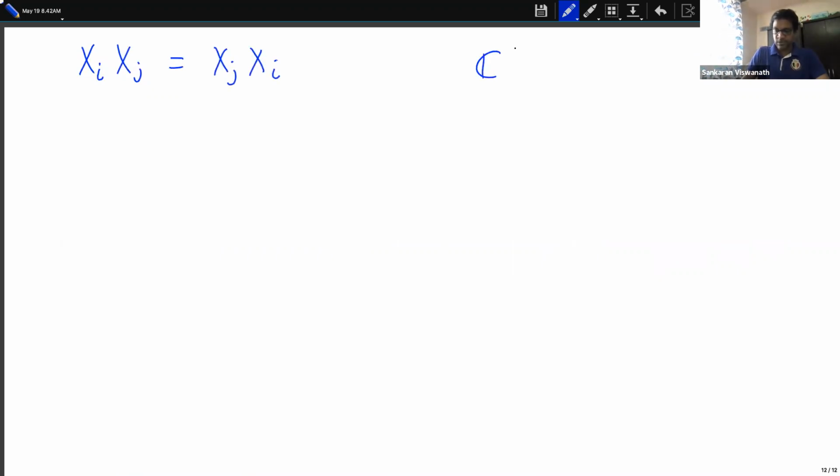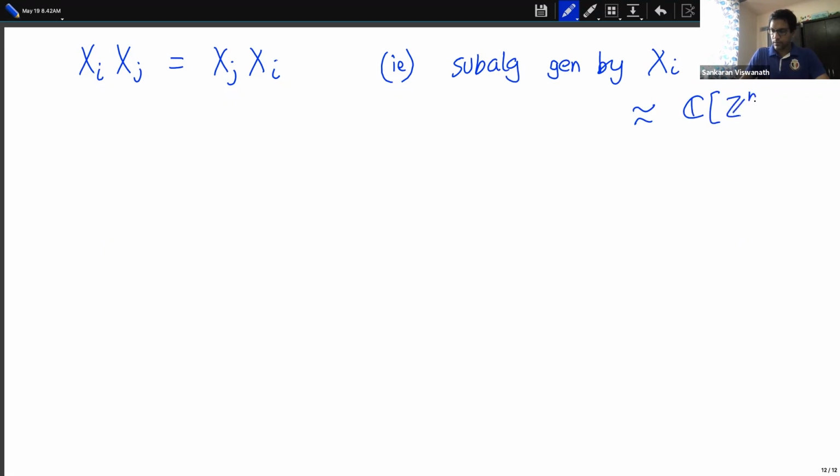The subalgebra generated by X turns out to be the group algebra of the lattice Zn, which Raghavan called C of X plus minus.